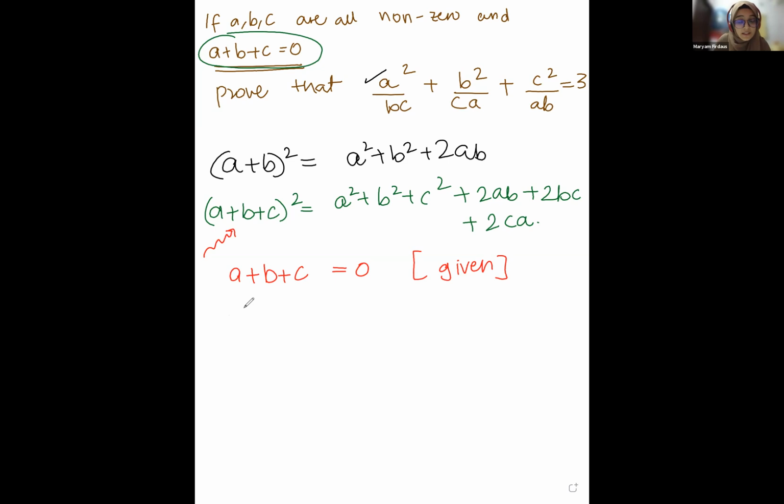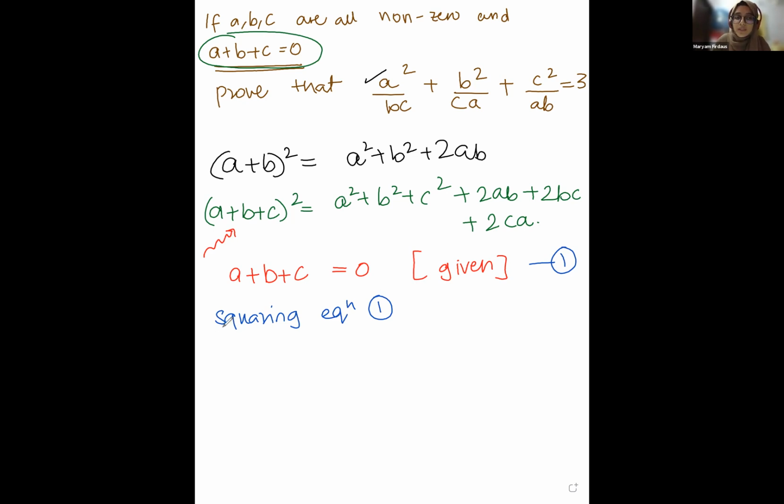So one thing I can say for sure is, how about we square this equation? Let's call this equation 1, shall we? And we say squaring both sides on equation 1.